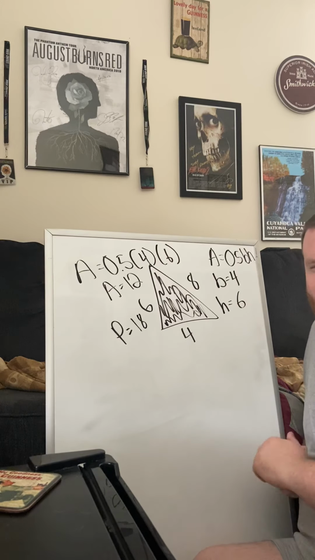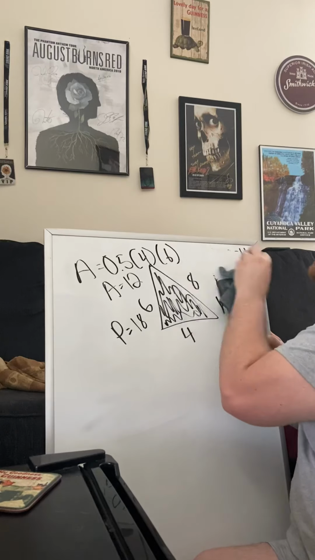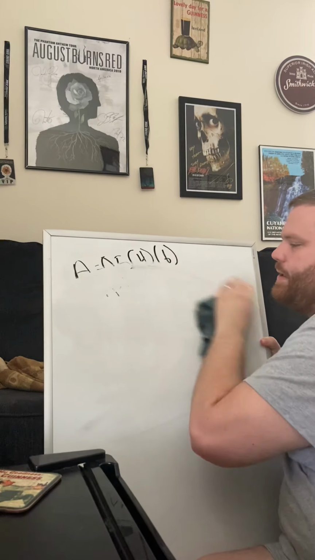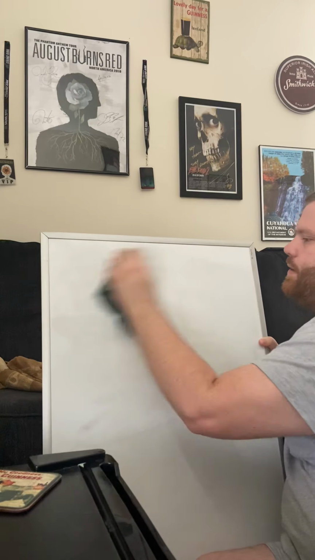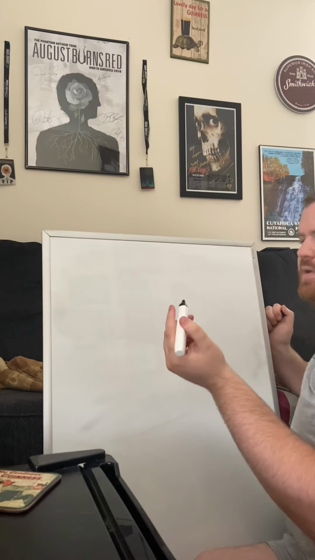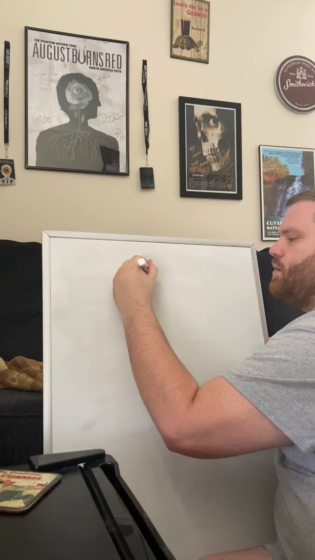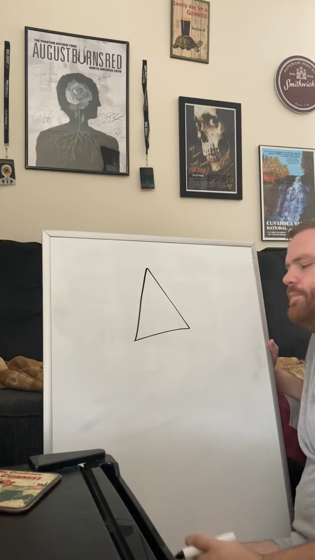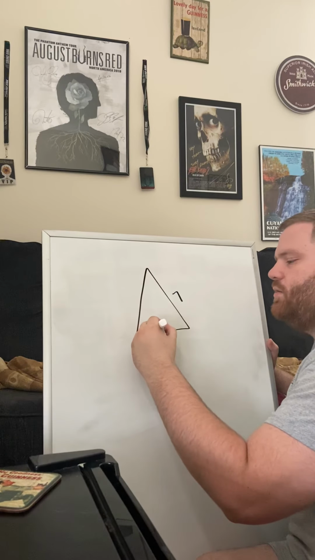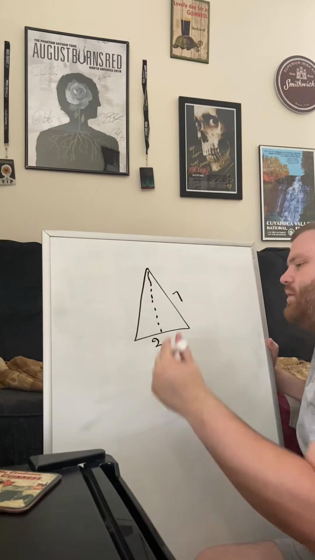So let's do another example, one that might be a little more tricky for you. Sorry, I'm not trying to trick you, but I want you to be prepared. Okay. So let's say I have a triangle that looks more like this. All right. Let's say this is 3, this is 7, and going from here to the top is 5.